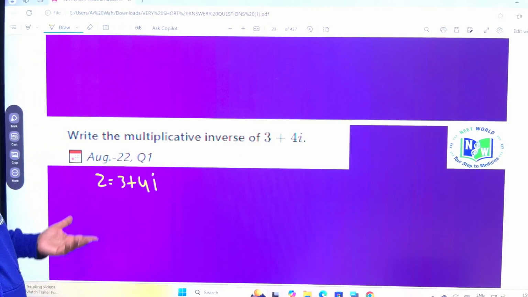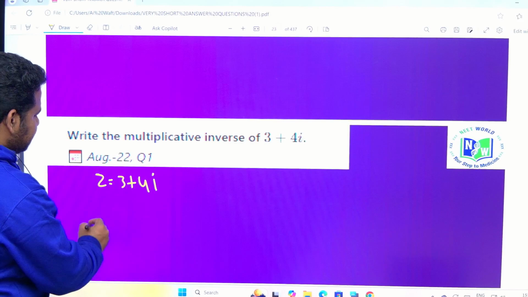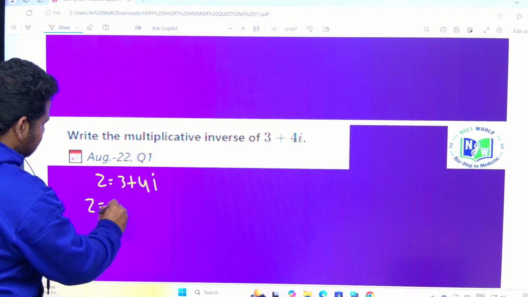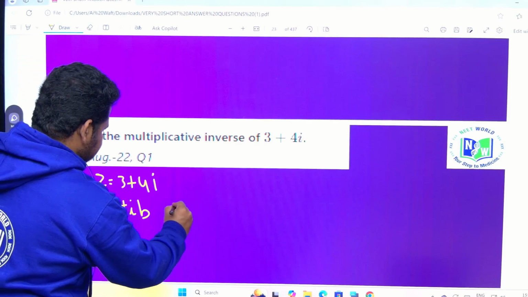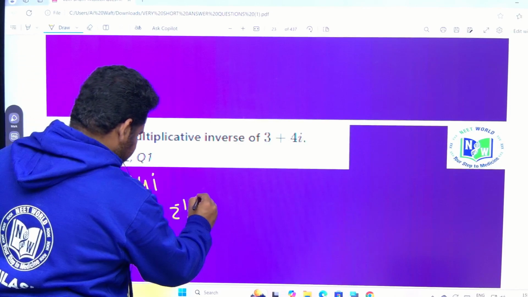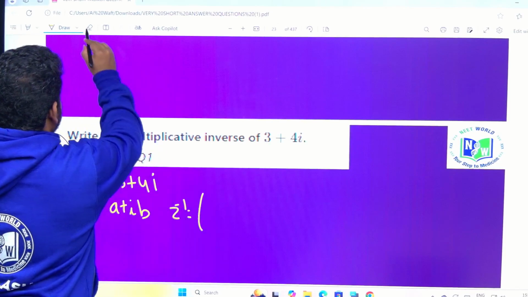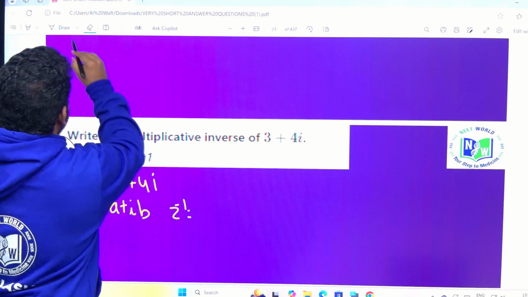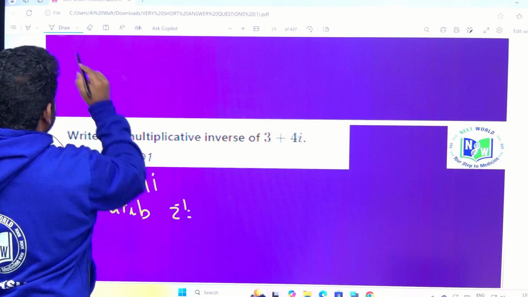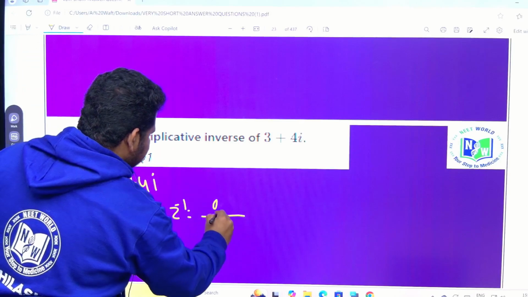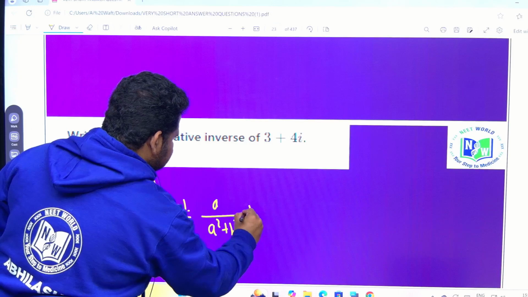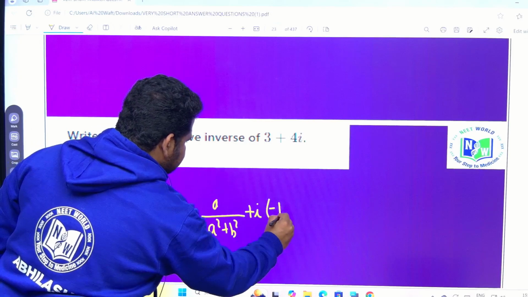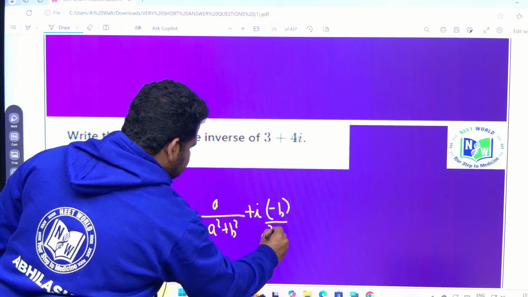If we see this multiplicative inverse, that is Z inverse, it can be written as a by a square plus b square, plus i into minus b by a square plus b square.